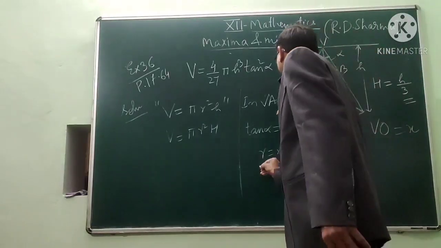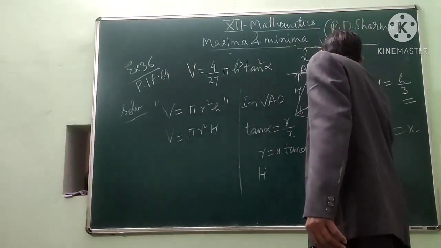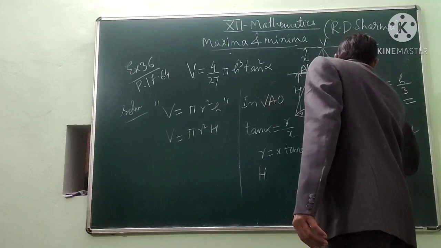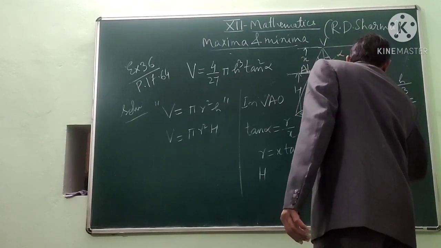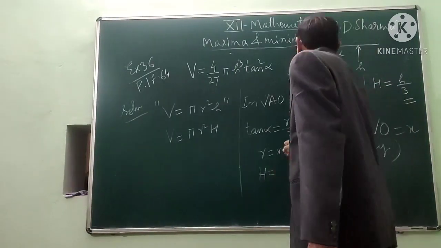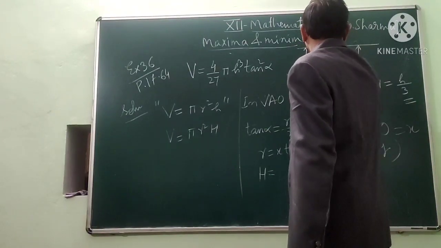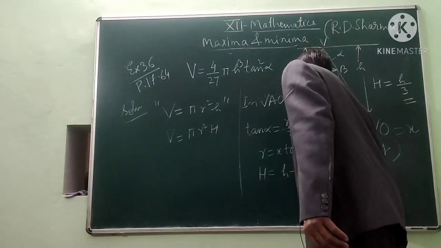And the height of the cylinder, capital H, is small h minus x.